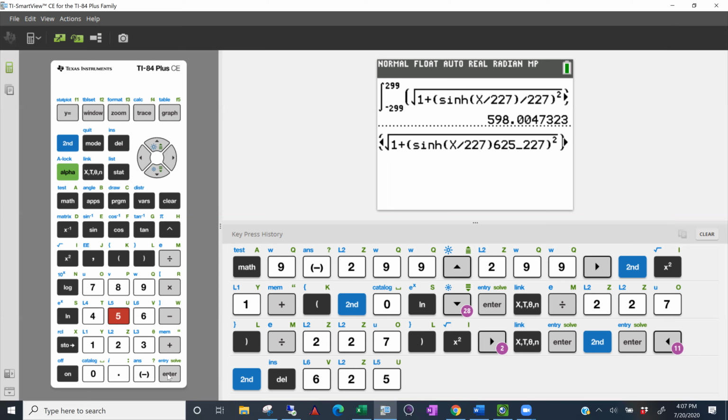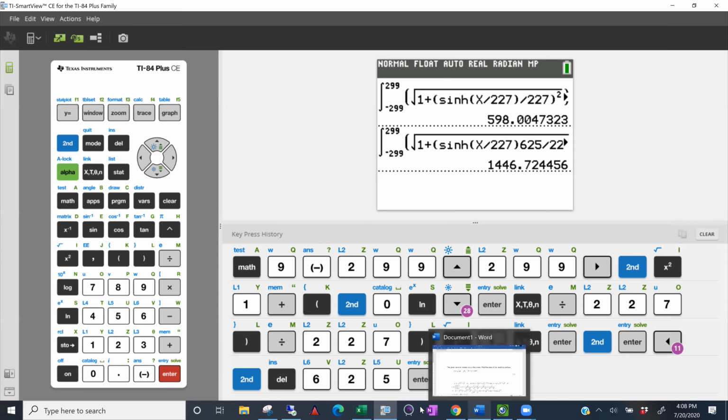There we go. That's what I wanted. Beautiful. And if you look, that matches what we had in decimals. So, okay, that's it for arc length. Any questions or thoughts on this last one?